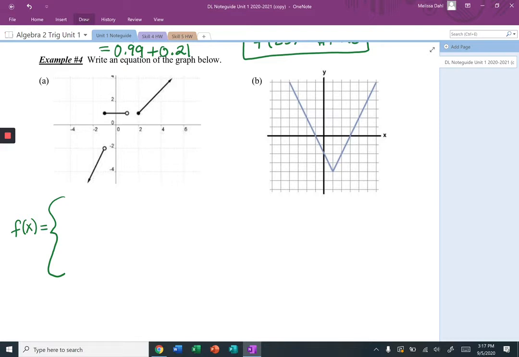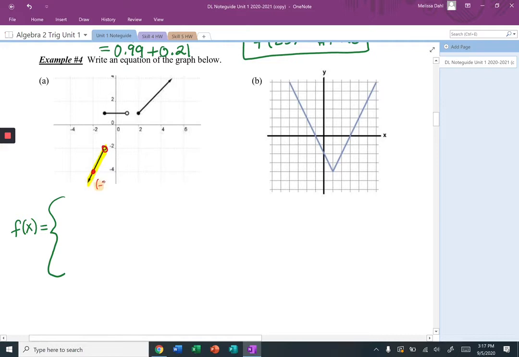So when I look at the first portion, I'm going to call this one on the left the first portion that I'm focusing on. I'm going to go ahead and focus on what the equation of this line would be. And you have a couple of different ways that you can do this. If you can identify 2 distinctive points, you can either count from the graph, or you can actually use those 2 points.